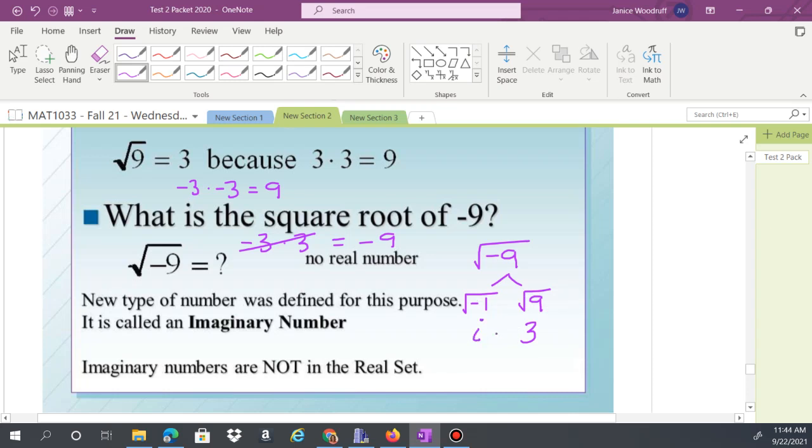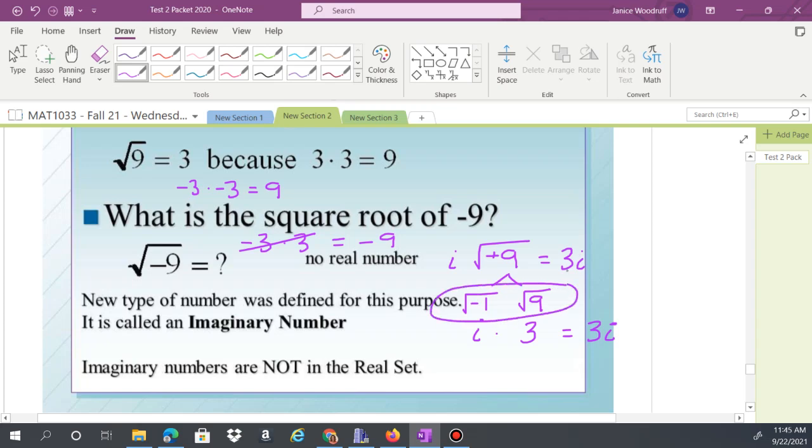So we do i times 3, which gives us 3i. Or the easy way to do this, anytime you have a negative under the radical, what I like to do is I just take this, turn it to plus, put the i in front, take the square root of the number. But this is technically what's happening when you do that.